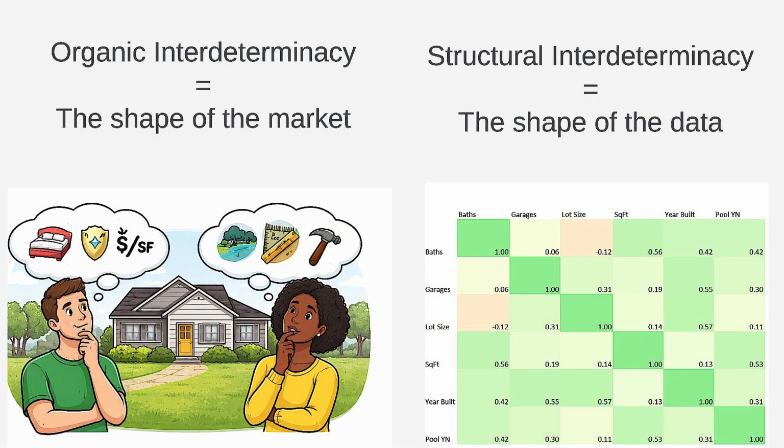So let's look at this little visual here. The first type is organic interdeterminacy. We can think of that as how the market is shaped. How are the actual human buyers and sellers thinking about real property and the differences therein? How does the market function in terms of differences? I've used the example before of view.